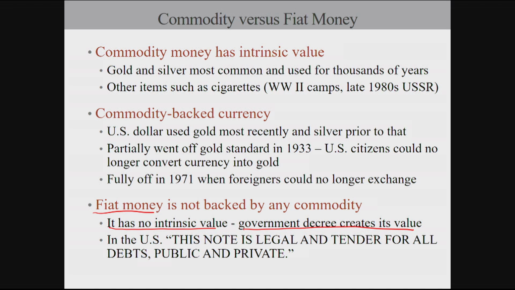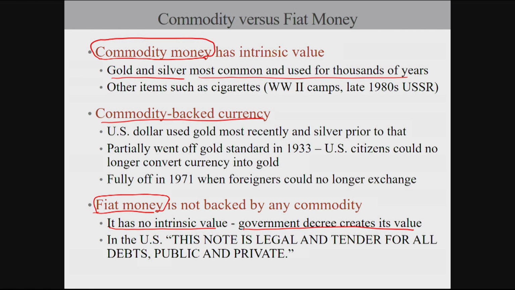considered to have value, whereas commodity money, which has been used a lot in the past, like gold and silver, was the most common and was used for thousands of years. This was basically what we had for a long time, but now we've moved to this fiat money, currency, dollars and cents.